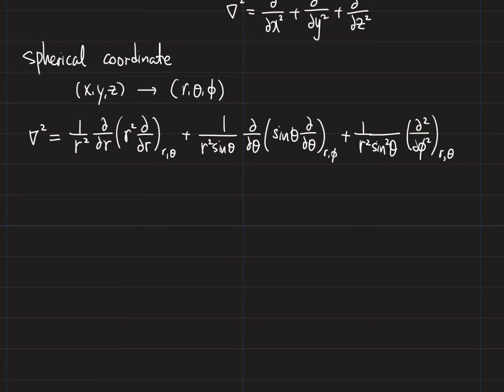So this is quite a long expression. I'm going to make some comments about the partial derivatives. The first partial derivative is about the position r, or the length r.